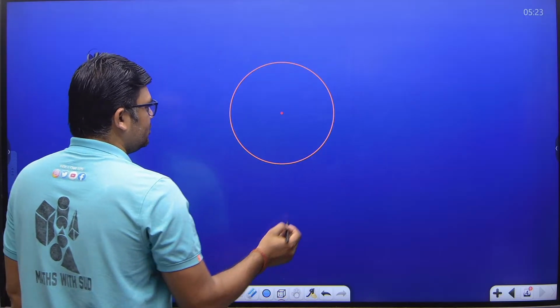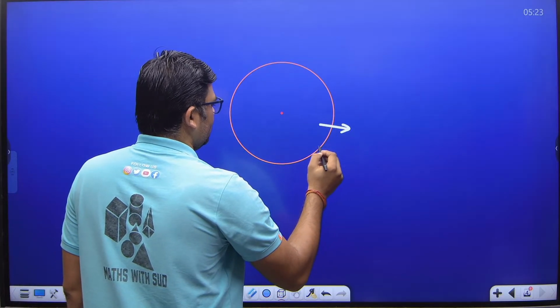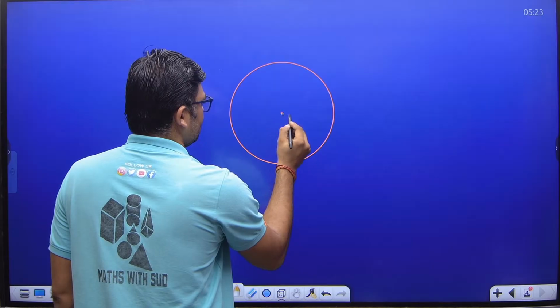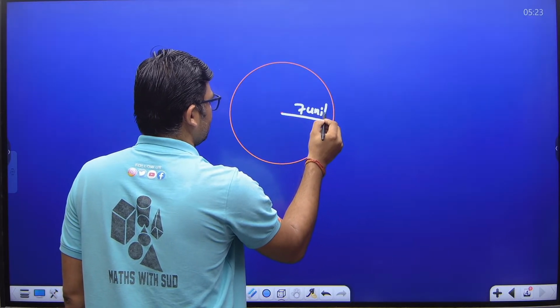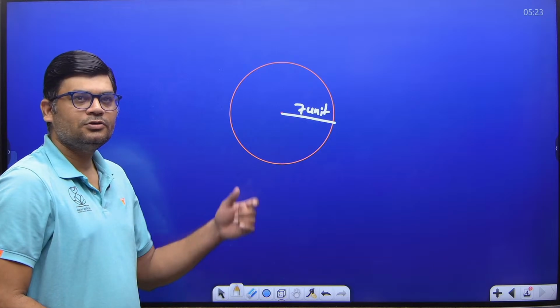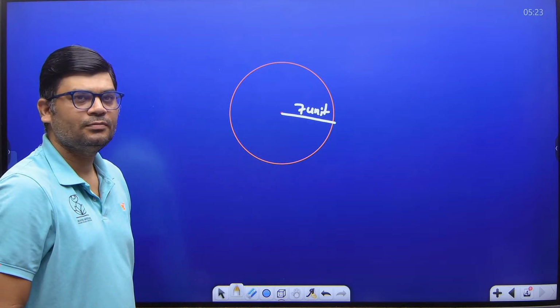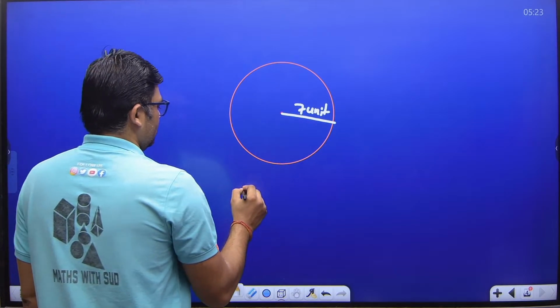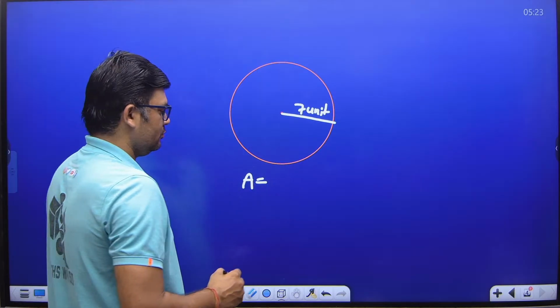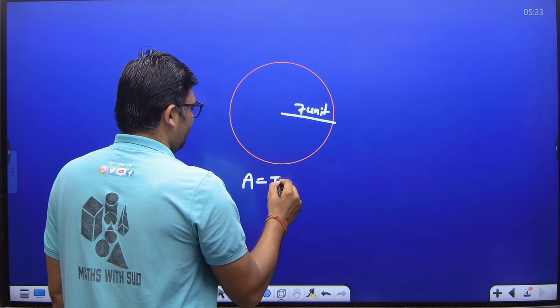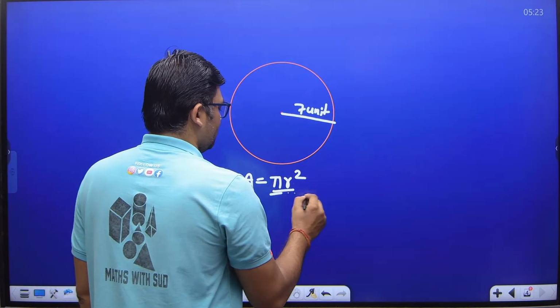In that, suppose the radius is given as 7 units. So what will be the area of a circle? You know the formula? We just do 3.14 times 7 squared. Wonderful. So it is pi r square.